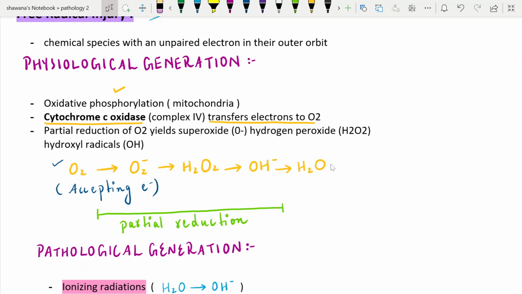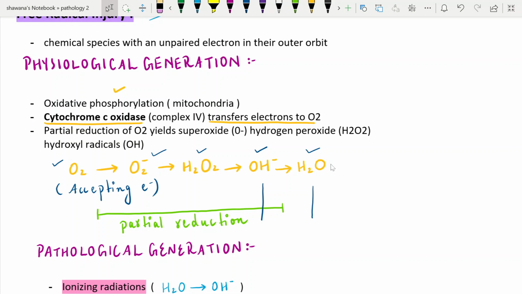When oxygen accepts one electron, it forms superoxide; when it accepts two electrons, it forms hydrogen peroxide; when it accepts three electrons, it forms hydroxyl radical; and when it accepts four electrons, it forms water. So up to water it's complete reduction, but up to the hydroxyl radical it's partial reduction, and partial reduction of oxygen yields free radicals.